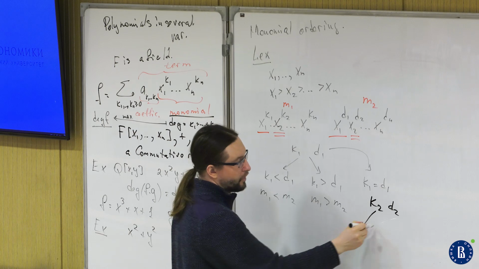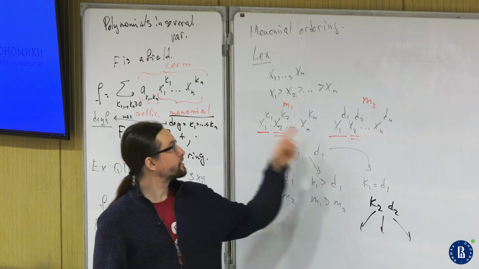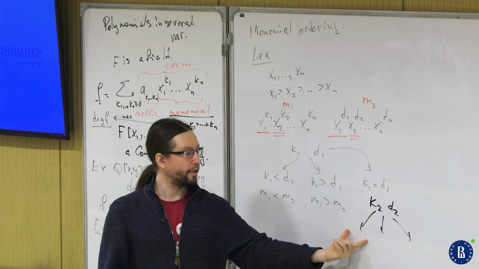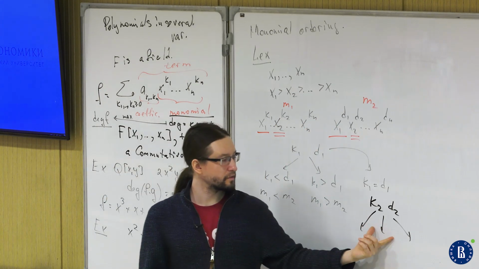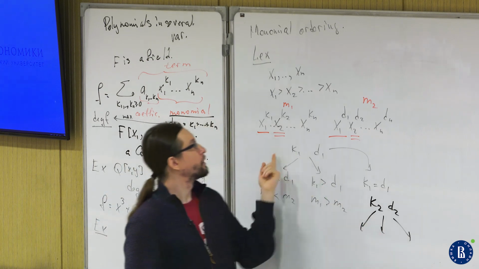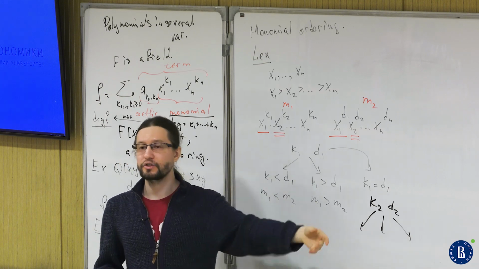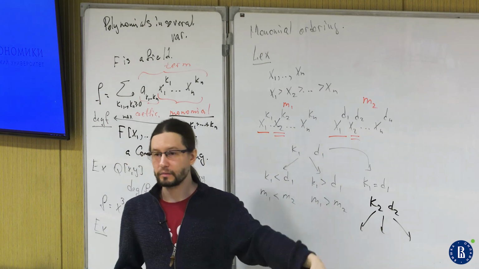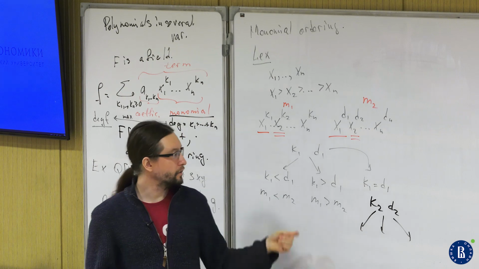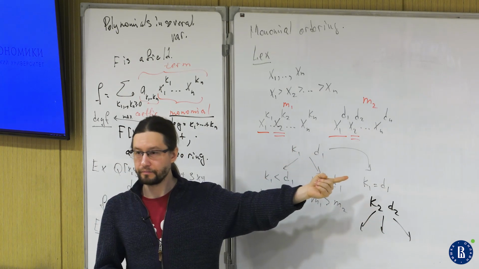And again, we have three options. If in this case the second degree is smaller, then the first one is smaller; if the second degree is higher, then the first one is higher. If they are the same, we go to the next variable and we repeat this procedure until we go through all the variables. And if all the degrees are the same, then the monomials will be the same.